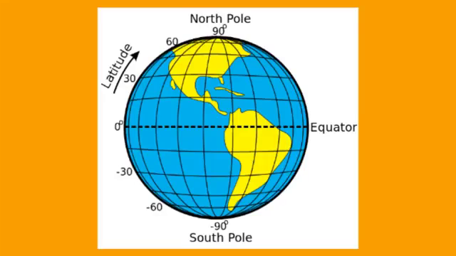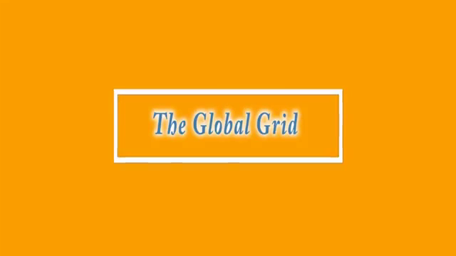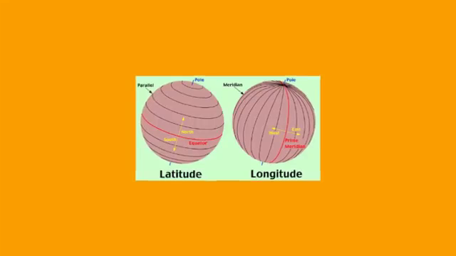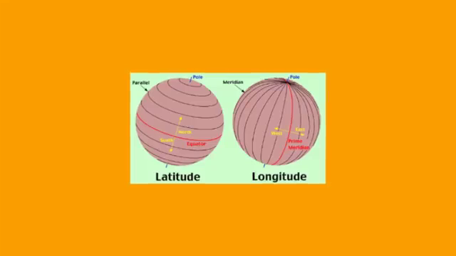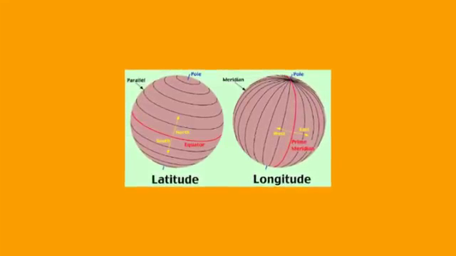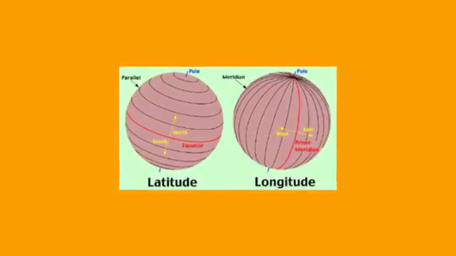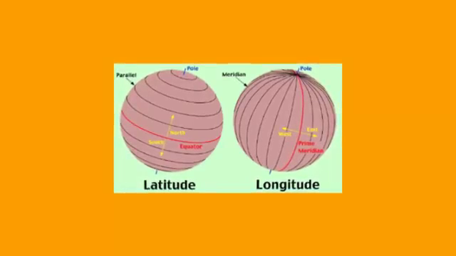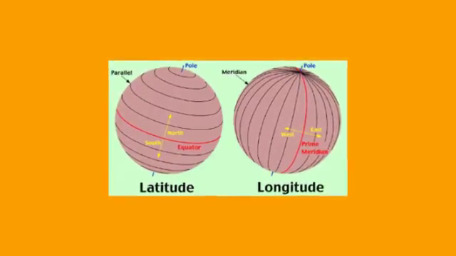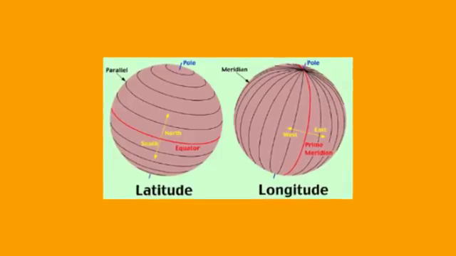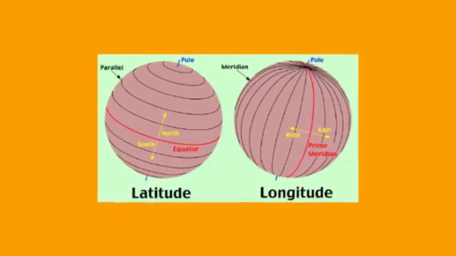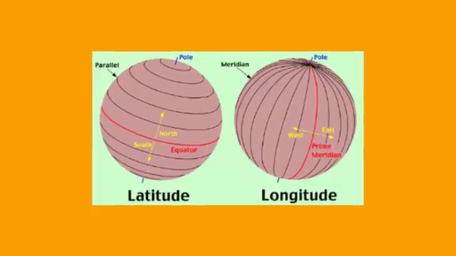The latitudes and longitudes cut each other at right angles. The global grid. The latitudes and longitudes together form a network of lines or a grid on the globe. This is known as the global grid. If we know the longitude and latitude of a place, we can locate it accurately on the global grid.